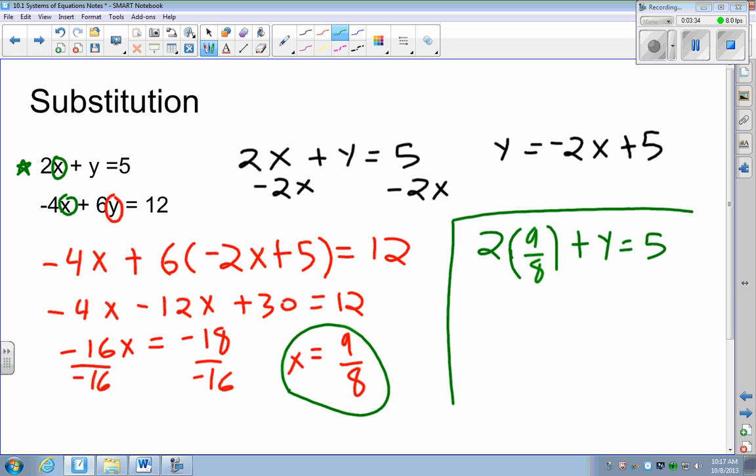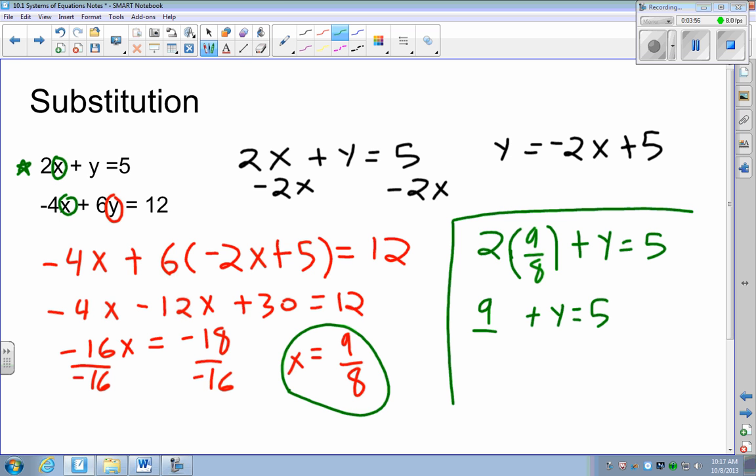Now we just have to solve for y, so we multiply the 2 over. Now this 18 over 8 is just equal to 9 over 4.